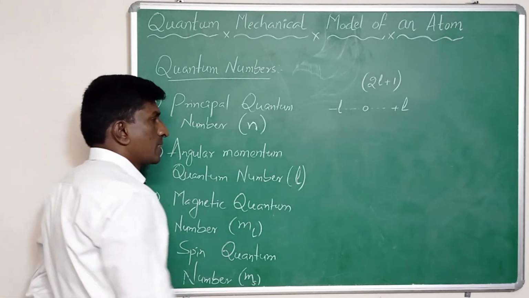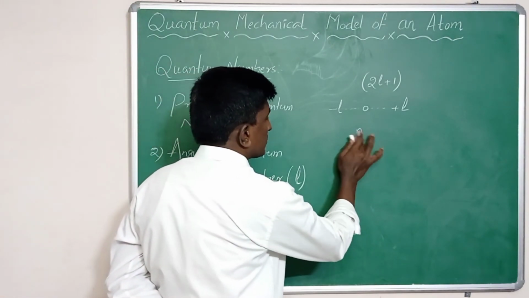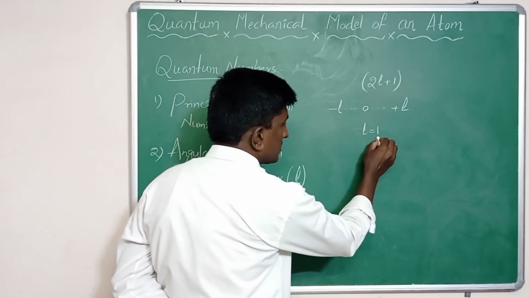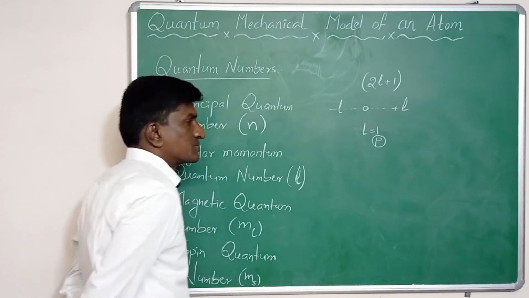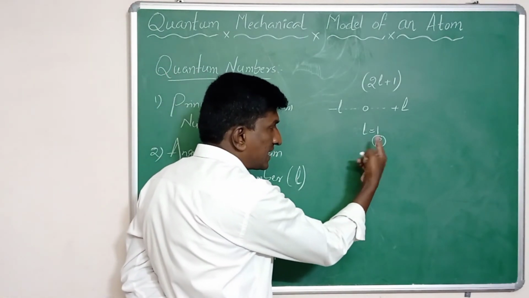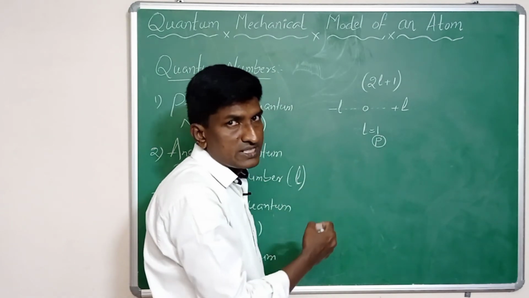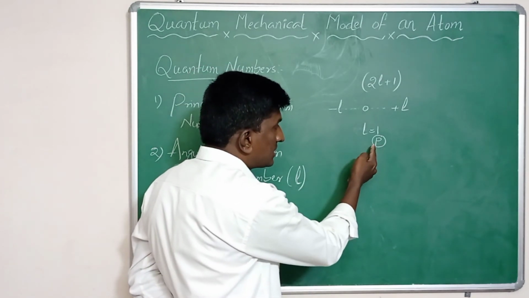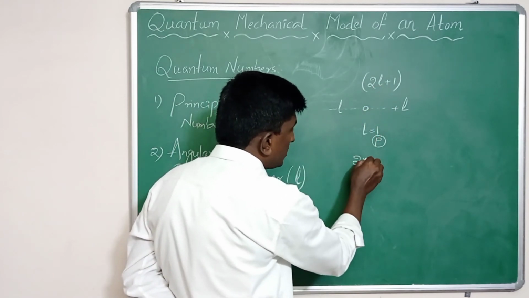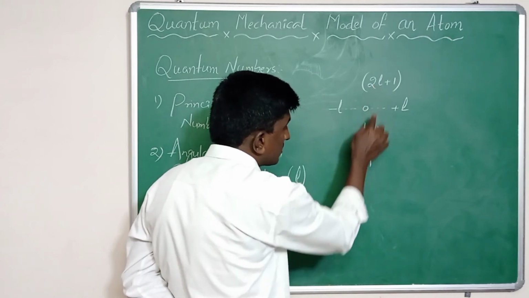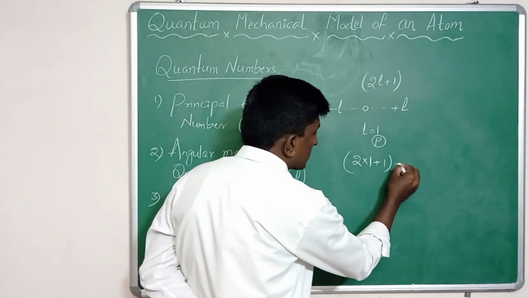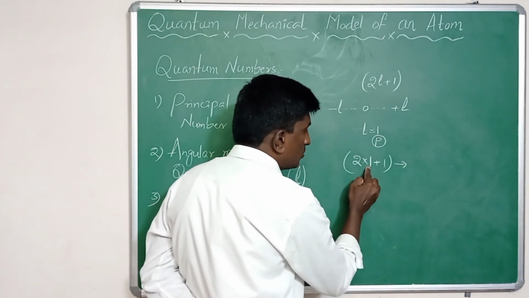For example, if l equal to 1, that is nothing but the p orbital, p subshell. Then this p orbital again divides into 3 finer subshells. How does it divide? 2l plus 1: 2 into 1, 2 plus 1, 3.